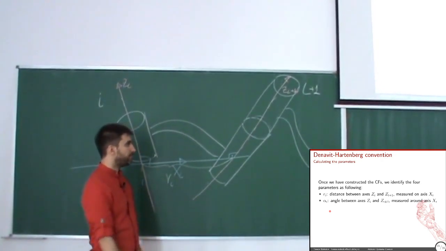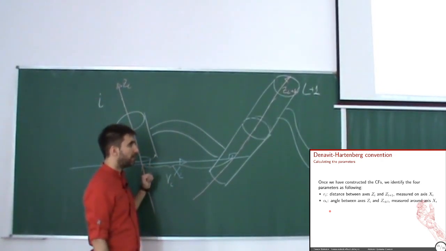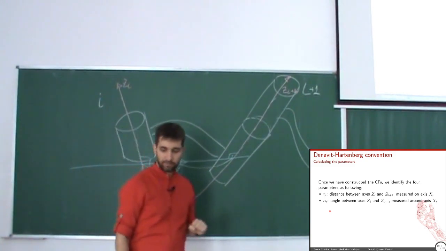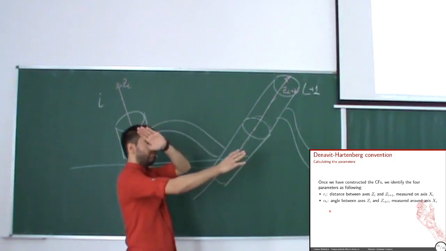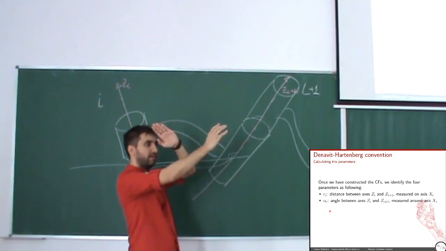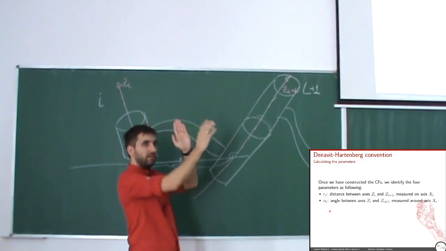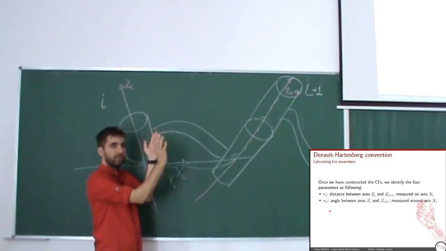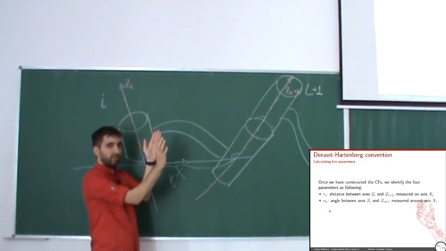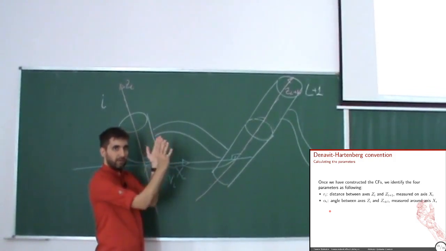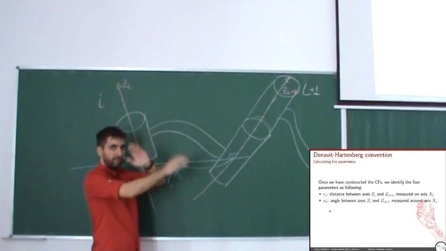But the angle along this direction, what is this? Basically, if I have these two lines and the perpendicular here, it's the angle that I would need to rotate one of the two lines in order for them to be parallel, rotating around this common perpendicular.